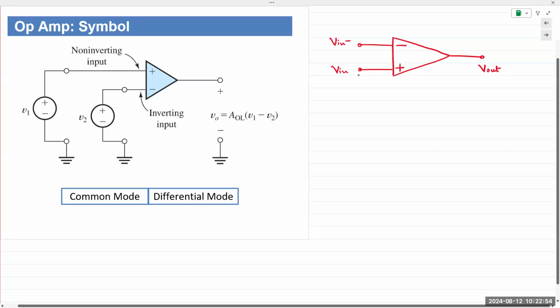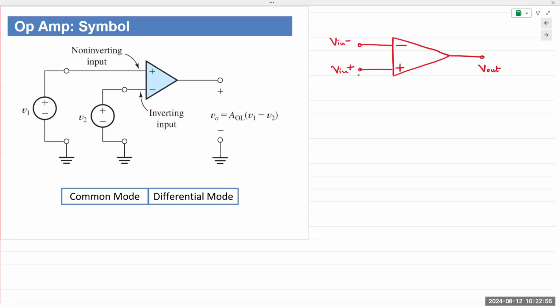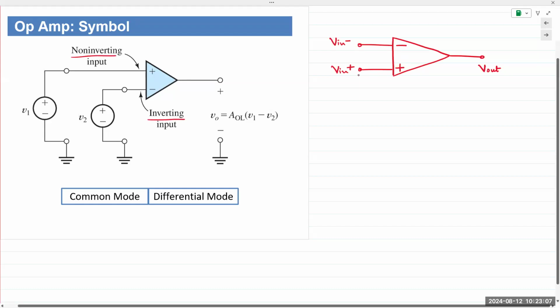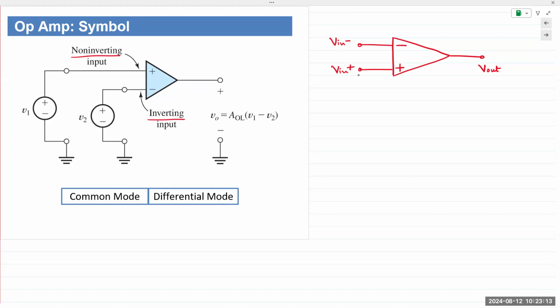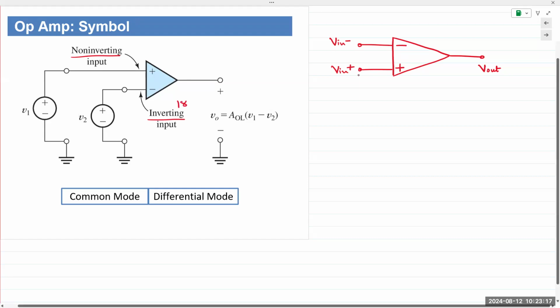So we write V in minus and V in plus. Okay. The minus and plus refer to those inputs as being inverting and non-inverting. Okay. Inverting and non-inverting. Inverting in this case means 180 degrees out of phase.